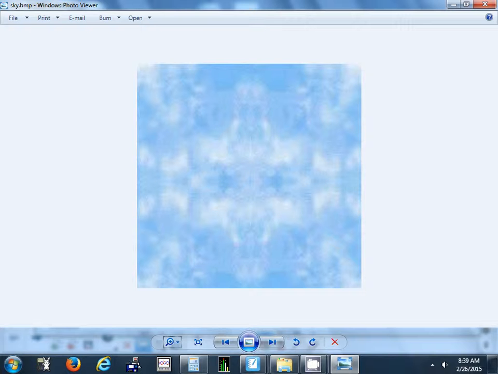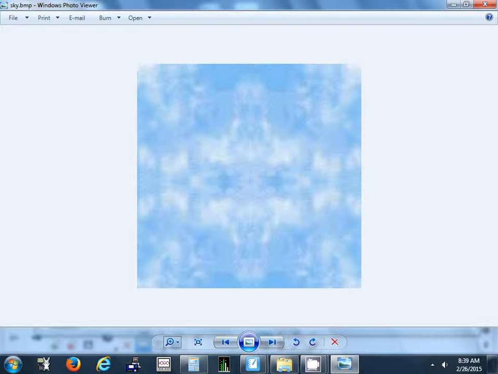So this edge on the right would match up with that edge on the left. Okay? This part on the bottom would match up very nicely with that part on the bottom. So you get kind of a pattern. And the reason you might want to do something like that is because let's say you're trying to make a game and you wanted to have sky in the game.